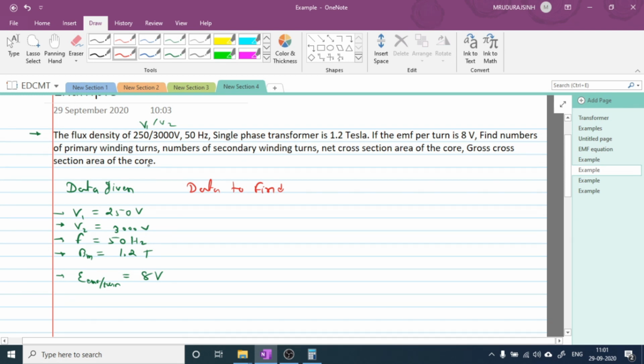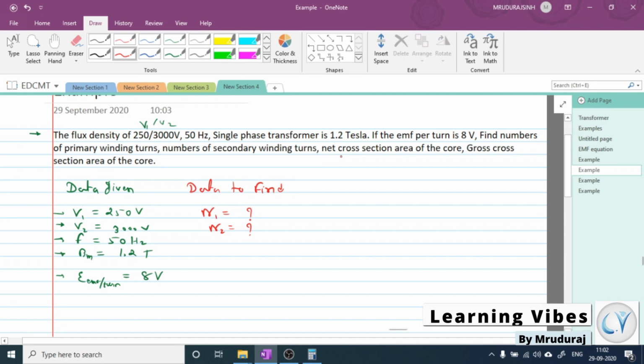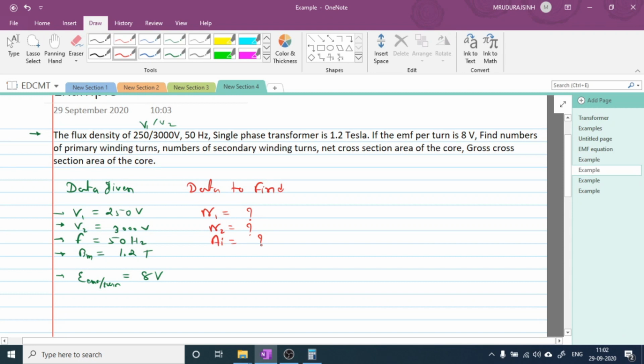Find number of primary winding turns, so we need to find N1, then number of secondary winding turns, N2, net cross section area of core, that is Ai, gross cross section area of core. So these are the 4 quantities that we need to find. So let's start the solution.